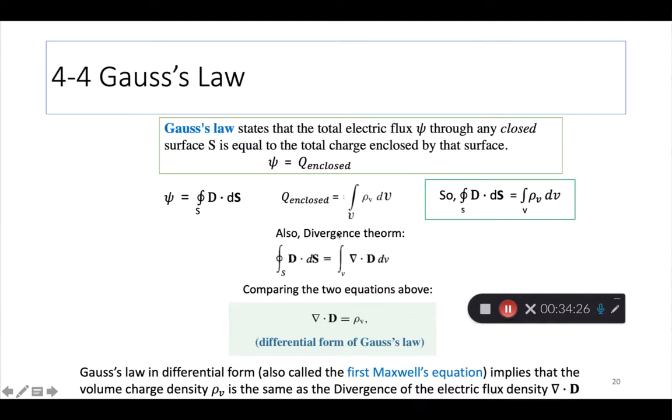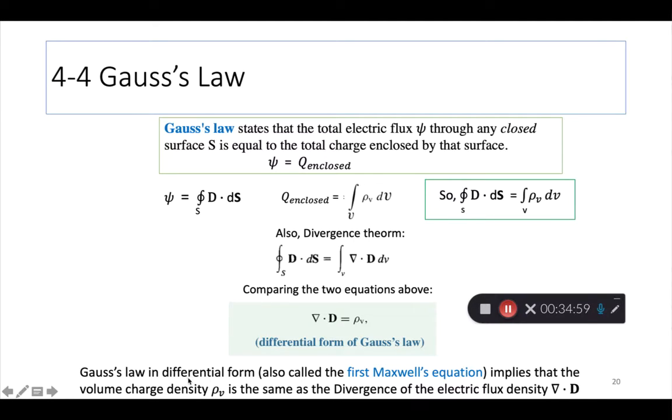Also, according to the divergence theorem, this integral can be written in terms of the divergence, right, as del dot D. So comparing the two equations, we can say that del dot D equals rho v. So what we have come up with is the fact that the volume charge density is nothing but the divergence of the flux density.